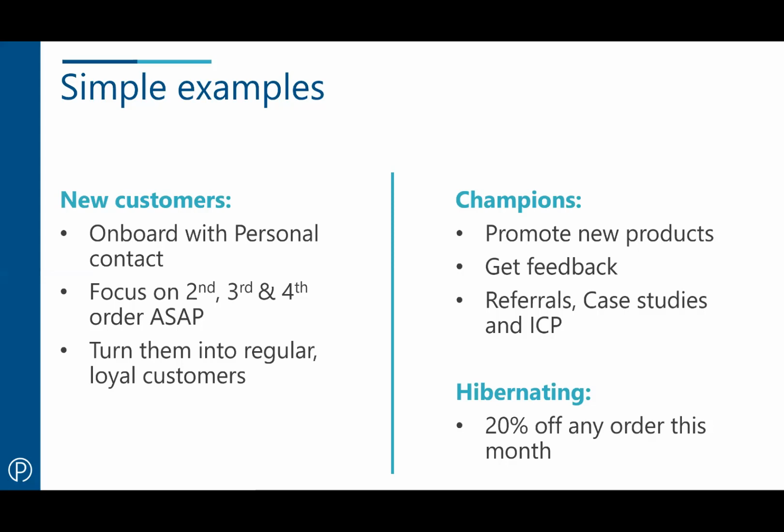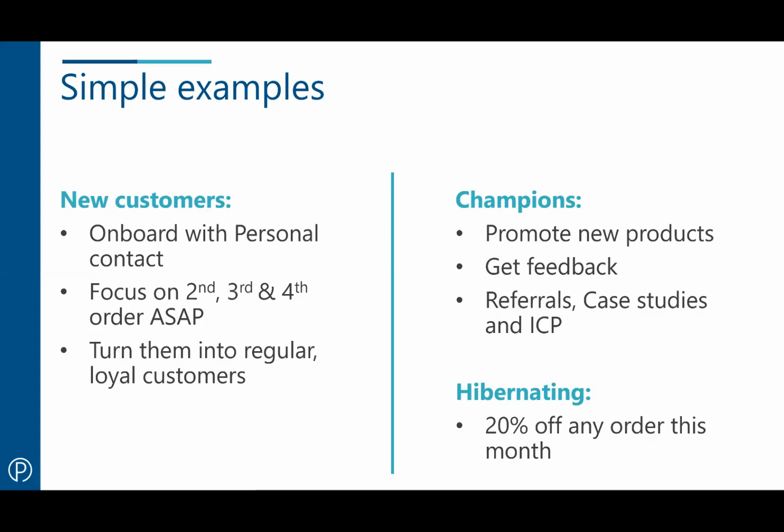And I think in a lot of businesses in B2B, that's really about personal contact and really regularly contacting that customer and focusing on getting them to the second, third, and fourth order. In the analysis that we've done across our customers and their customer bases, it really seems that the fourth order is the magic number.